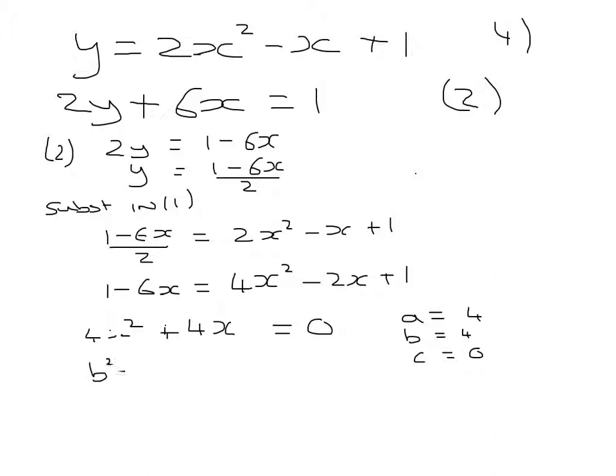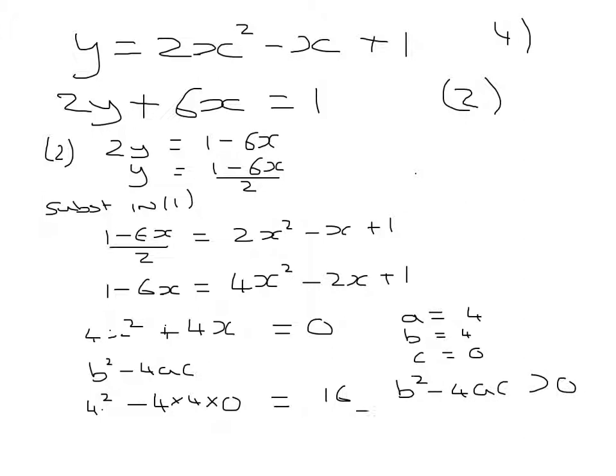So b squared minus 4ac becomes 4 squared minus 4 times 4 times 0. So that's going to equal 16. So as b squared minus 4ac is greater than 0, there are 2 points of intersection.